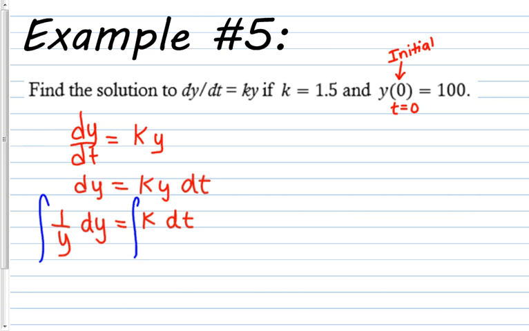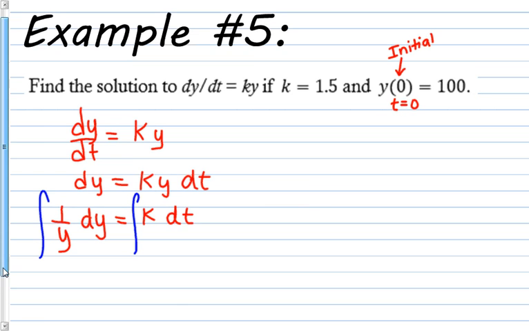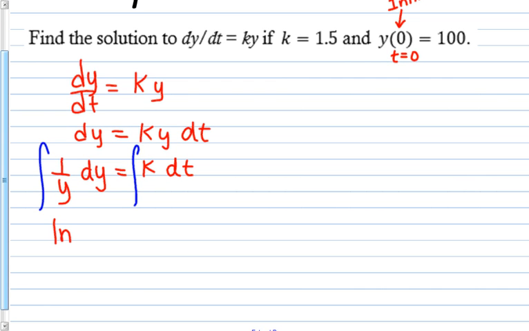Now the integral of 1 over y, that right there should be a cue to you that, oh, it's the natural log. And then if k is a constant and I'm integrating it, then by integrating it, I'm going to introduce t to this function, right? If this was the number 4 and you integrate 4, it's 4x, right?